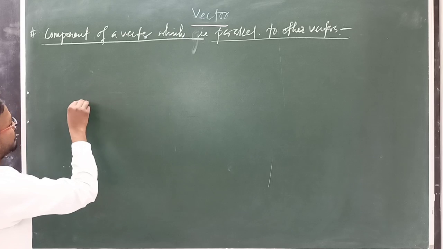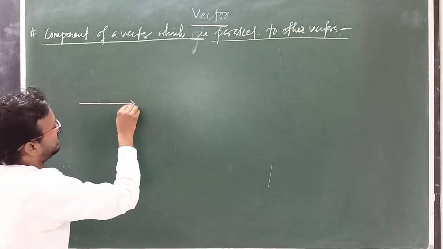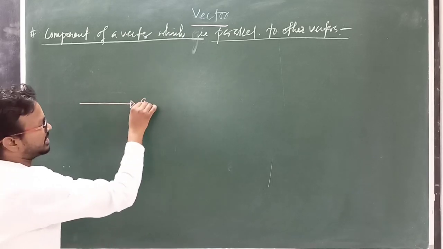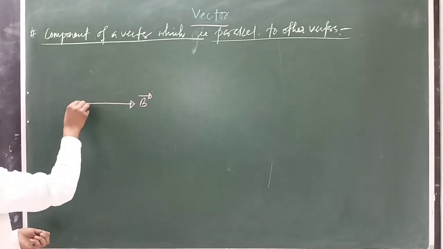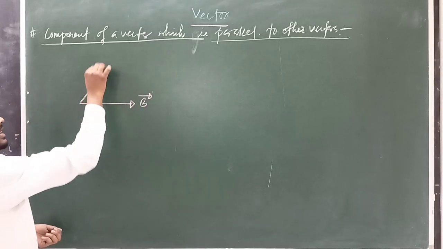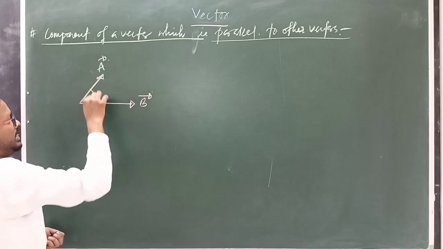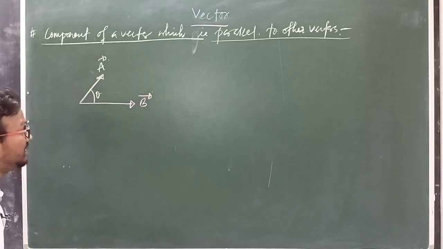Now two vectors. Suppose one vector is here and this vector is b vector, and another vector is here, that is a vector. And the angle between them is theta. Clear?